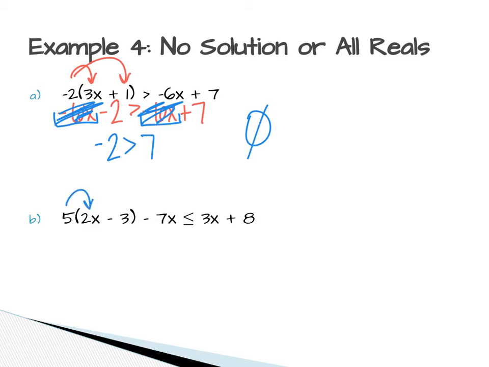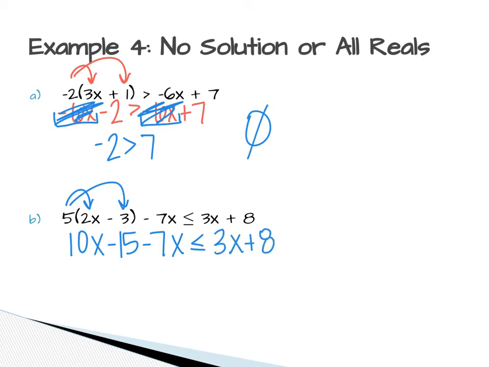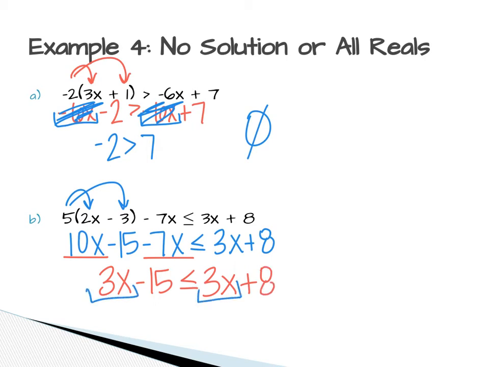B, you're going to distribute the 5. You get 10x minus 15 minus 7x less than or equal to 3x plus 8. 10x minus 7x is 3x. They're not on opposite sides of the inequality, so I don't change any signs. And then I figure out that I've got two 3x's.